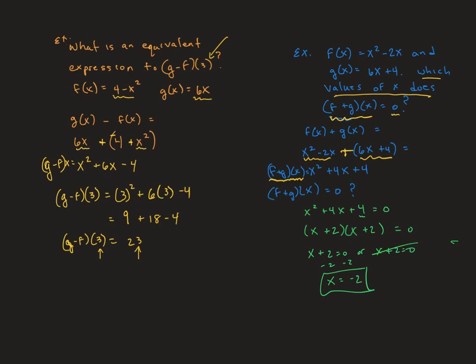So here, when I put negative 2 into my function f plus g, the output is going to be 0. So at what value of x does this equal 0? Negative 2. Function operations, a lot of things going on there. We may have to do some remediation when it comes to this factoring process. But it's one of those things that you should be able to recognize at this point in your mathematical careers.